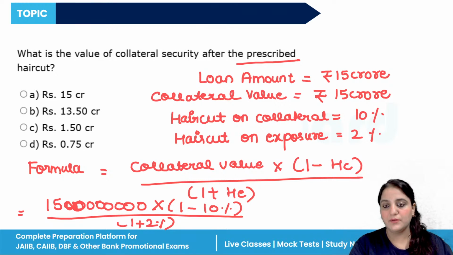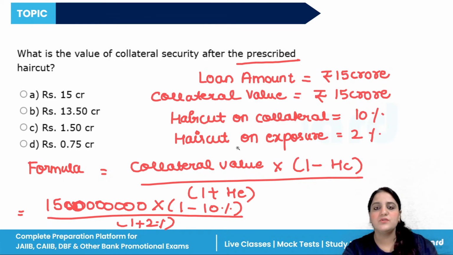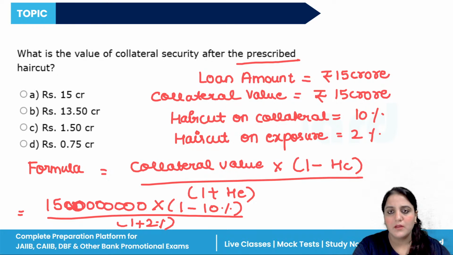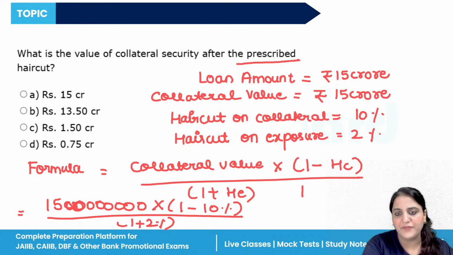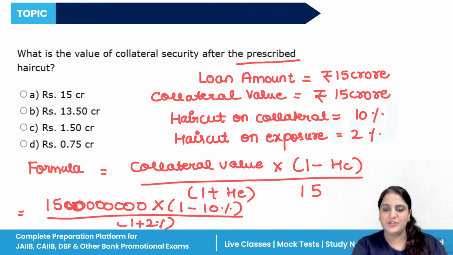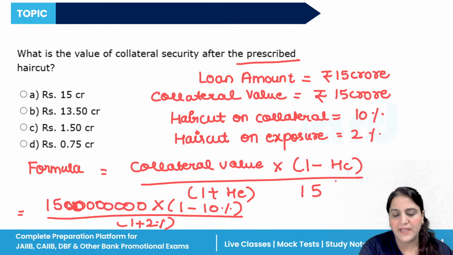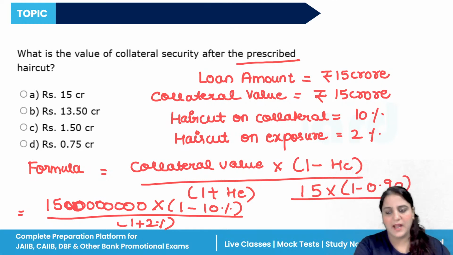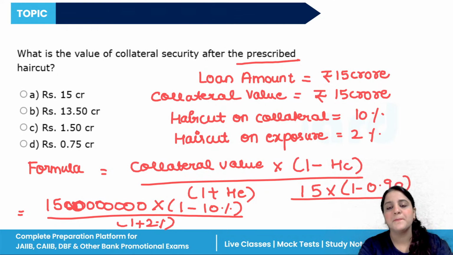So let's calculate this. Just take the 15 from this. We will put 0 after the calculation to make the calculation easy. Here 1 minus 0.90, and here 1 plus 2% means 1.02.